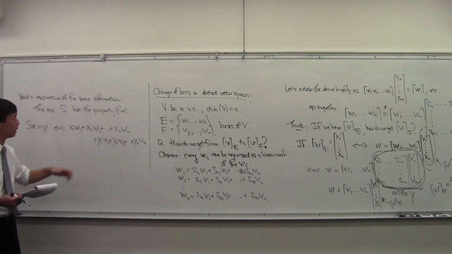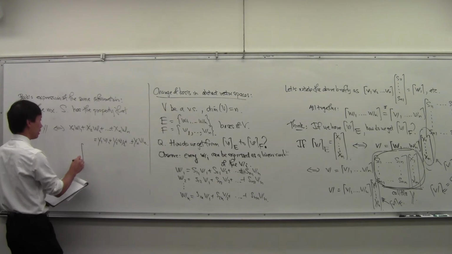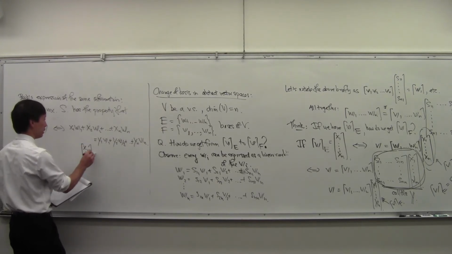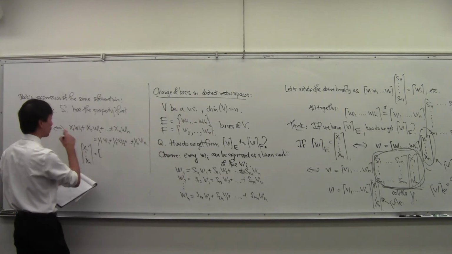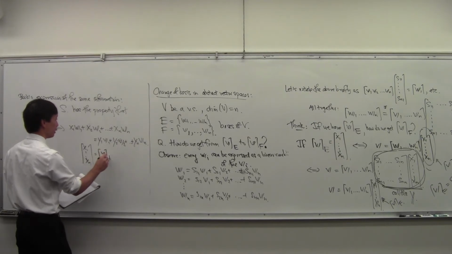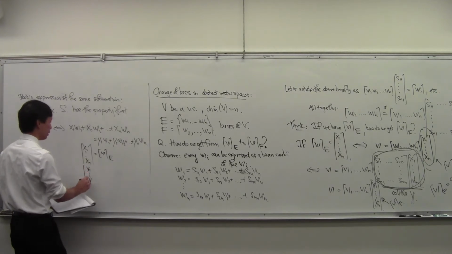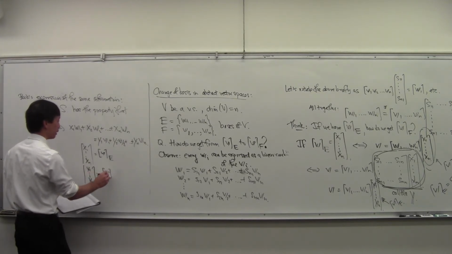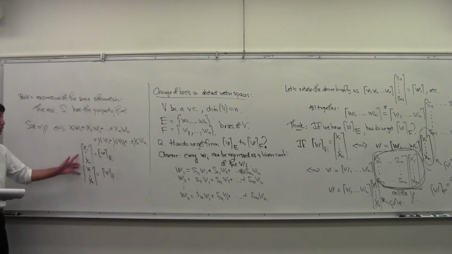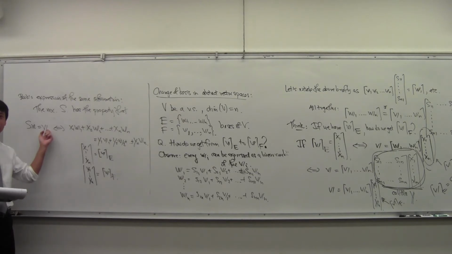Because what this says on the right is that x1 through xn is the coordinate vector of something with respect to E, and y1 through yn is the coordinate vector of the same thing with respect to F. So it's saying that S takes the coordinate vector with respect to the E basis and changes it to the coordinate vector with respect to the F basis.